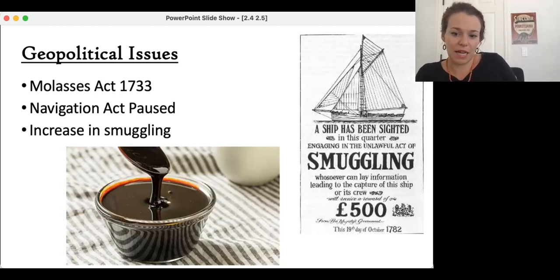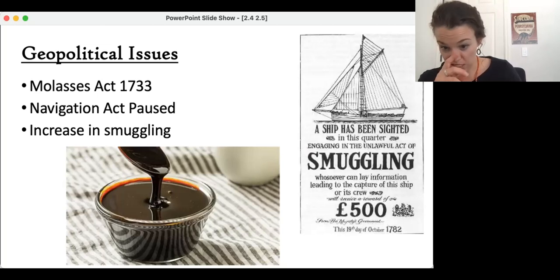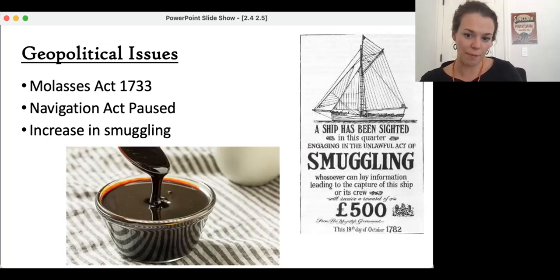Americans wanted to buy French brandy, right? We couldn't. So we were forced to buy whiskey or gin instead. So one of the ways that they got around that was by buying molasses from the French islands in the Caribbean, and then we'd make our own rum. The Molasses Act was designed to stop that, and we just ignored it.